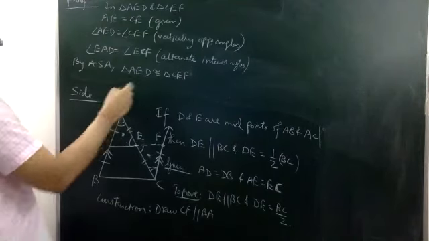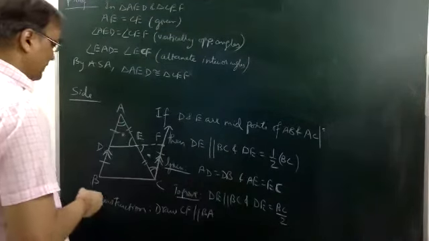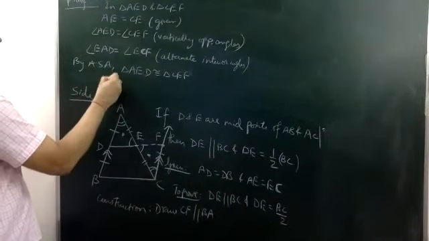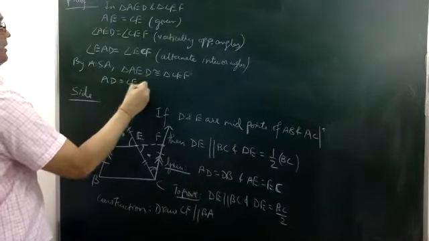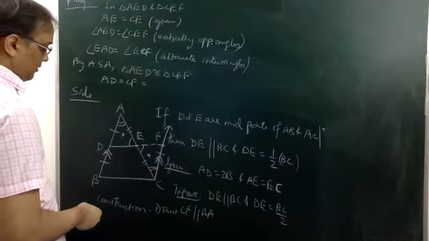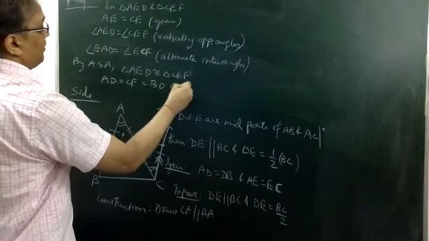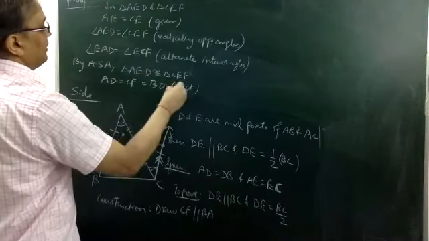इससे हमें क्या क्या आएगा? पहला, AD is equal to CF, which is equal to BD by CPCT.